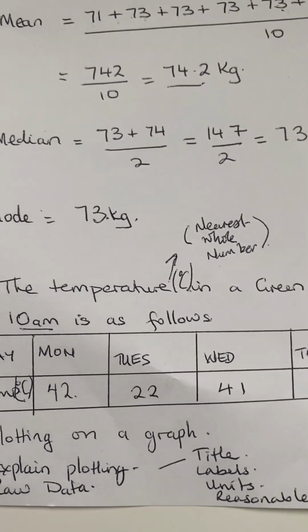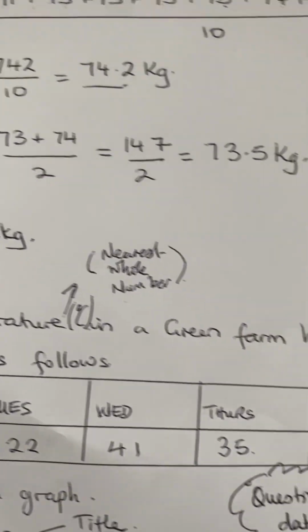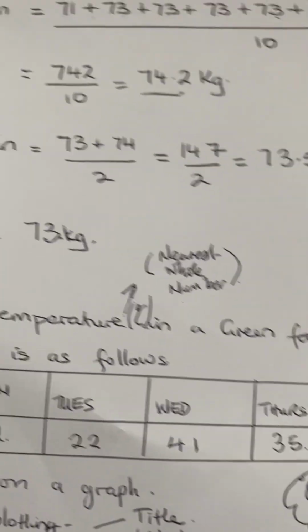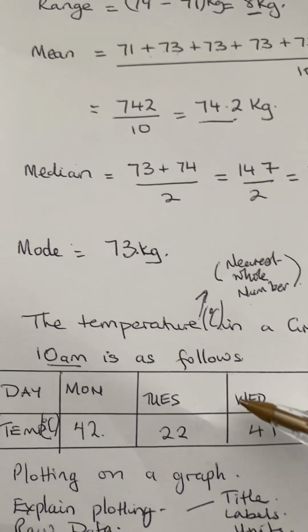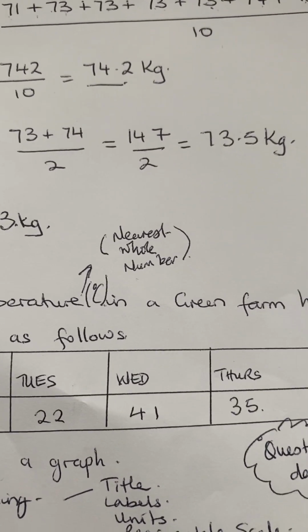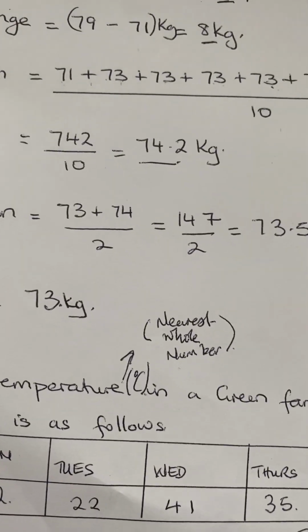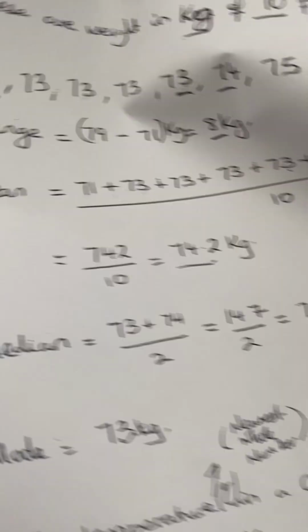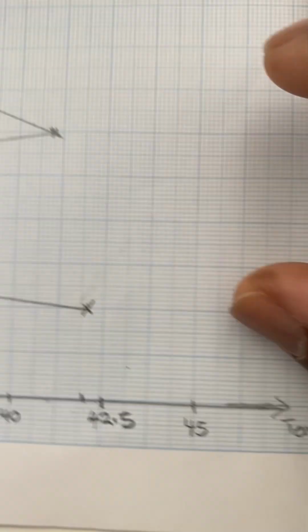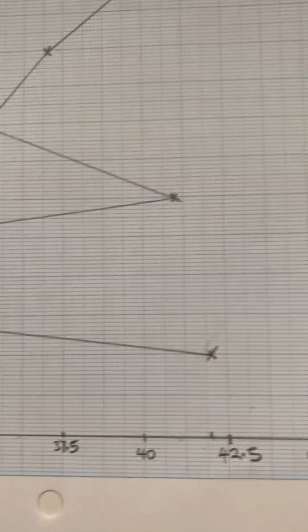But here we don't want to find those because we know how to find that. We want to see how to plot this set of data on a graph. So I've done the graph work and I want to show you how I did it. On my x-axis I plotted the graph in a triangular way.